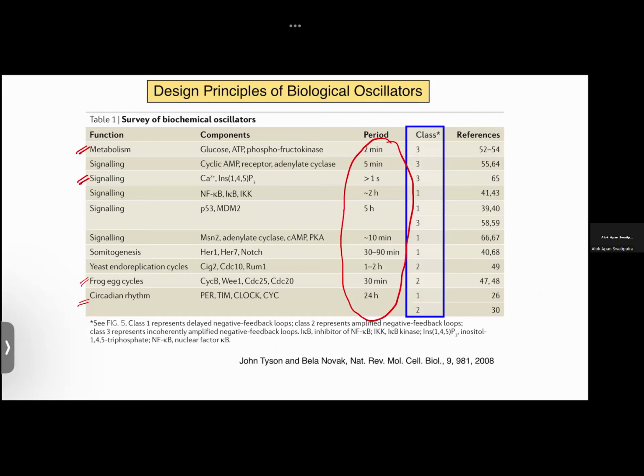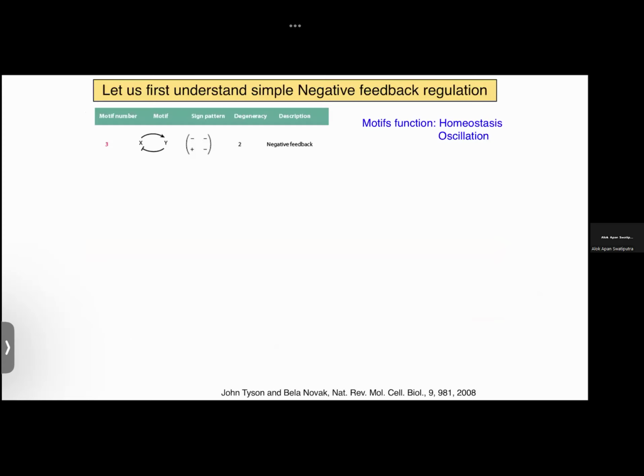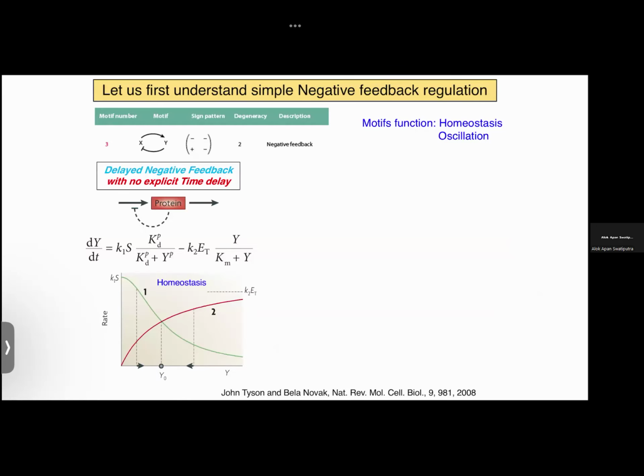Now, how do oscillators function? Suppose we have a system like this, where a protein is being synthesized. It also has a certain degradation rate. And that protein also inhibits its own synthesis.